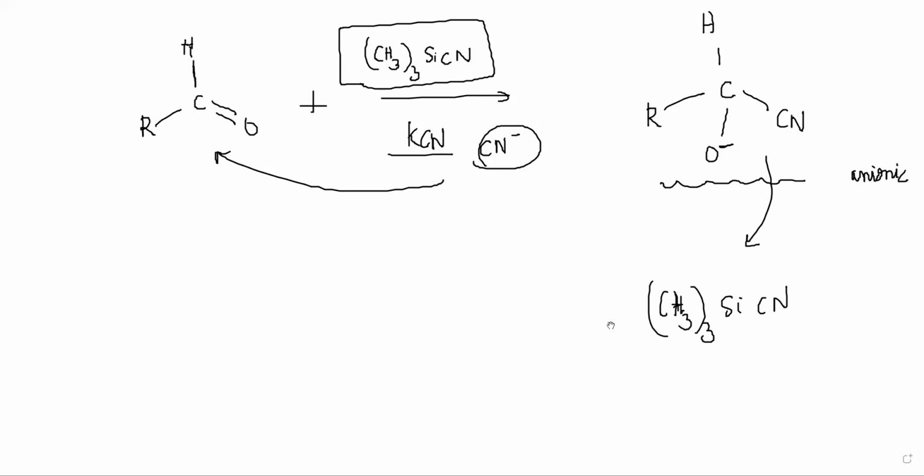So this oxygen minus with its lone pair will come and attach to the Si, because this CN will be a slightly electron rich portion, and it will try to attract electrons, right? So this is tiny positive here.